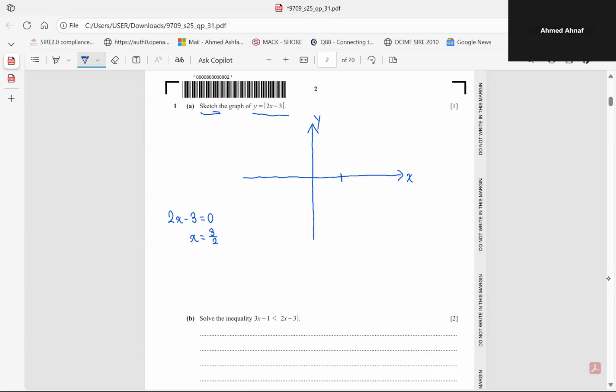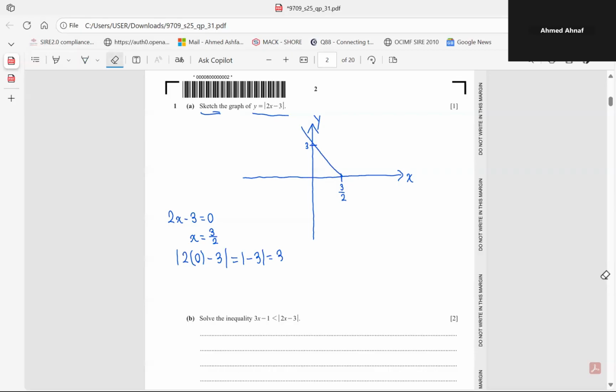And then to find the y-intercept, just substitute x equals 0. So this would be the absolute value of -3, which is 3, so this would be somewhere here. This is 3, and this is 3 over 2. Hence, our graph would pass through these points.